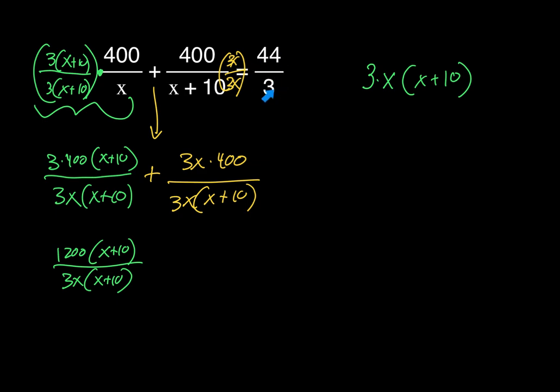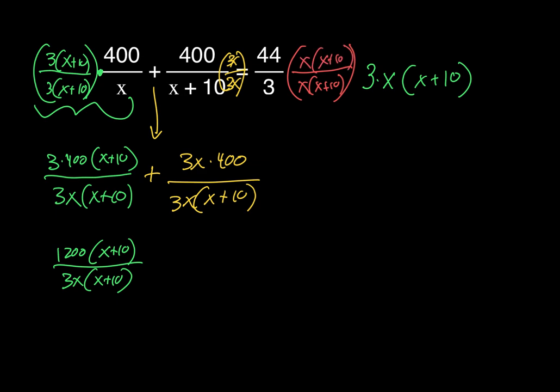This one, same thing. There's my denominator 3. Here's my common denominator. I'll need to multiply this by x times x plus 10. Again, that's what's missing. There's the 3, so I need this. Whatever's in the bottom is also in the top.